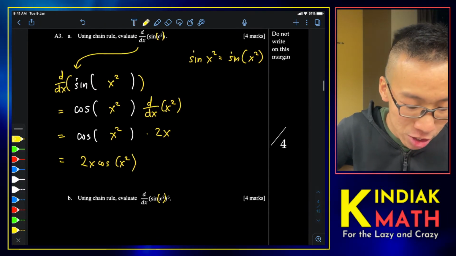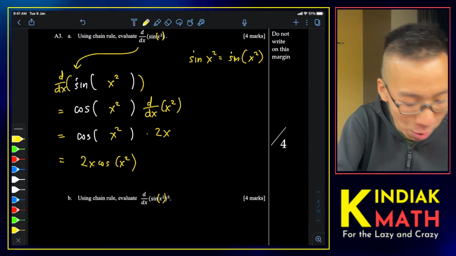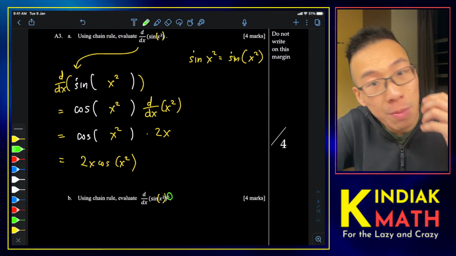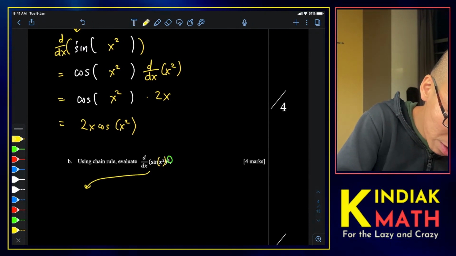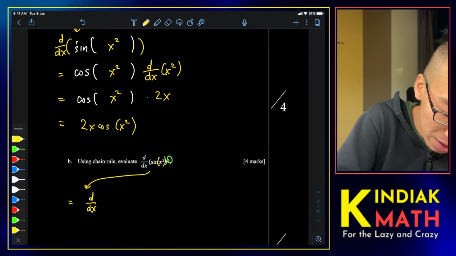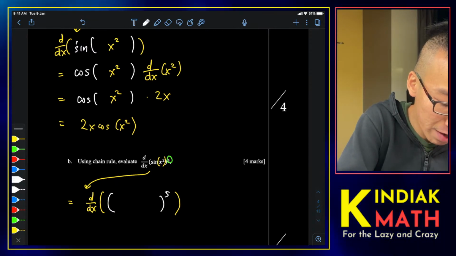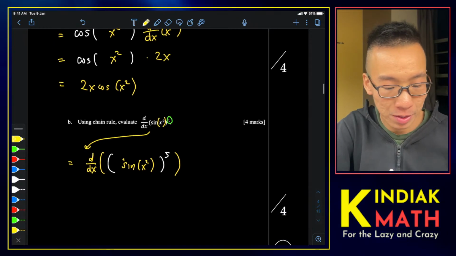We have a related question on the bottom here, which is to differentiate the same thing, but now with this extra power of 5. It's surprisingly straightforward because how do we evaluate this guy? Well, this is once again differentiating the outer layer followed by the inner layer. Right?